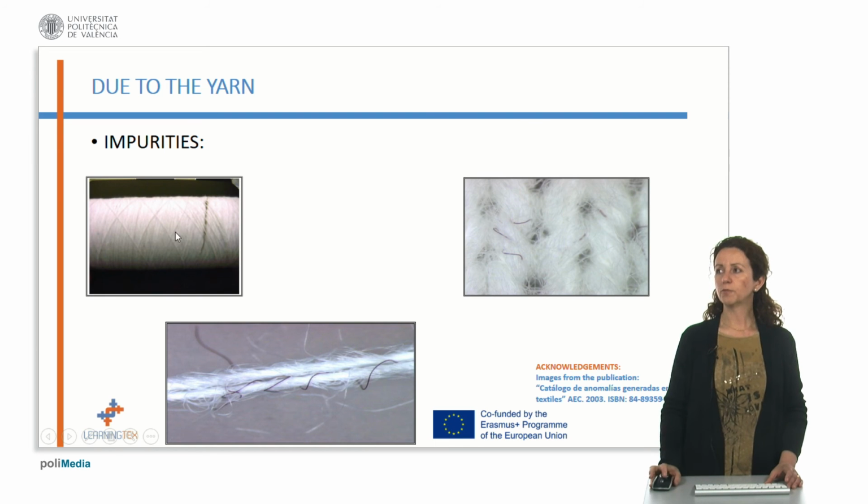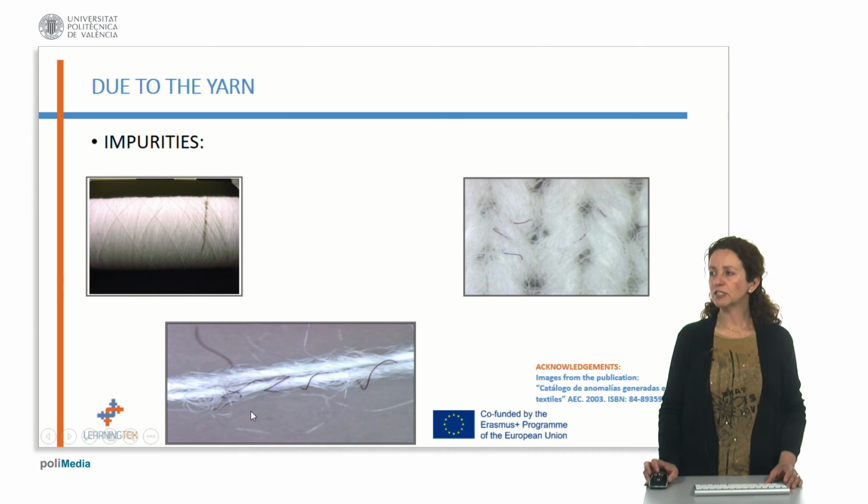Here we can observe that we've got black fibers in a yarn which is in a cone, okay? When we analyze or enlarge this part, we can observe how there is a black fiber which is clearly observed in contrast to the white fibers, right?